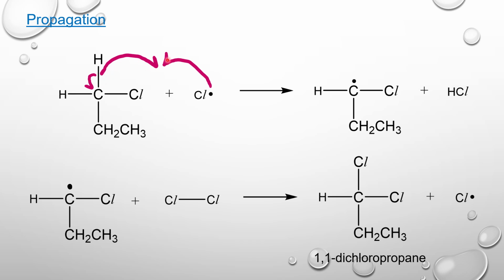Two of the arrows must meet to show the electrons combining to form the HCl covalent bond. Again, there is a small arrow from the covalent bond to the carbon. This will give us the unpaired electron on carbon.